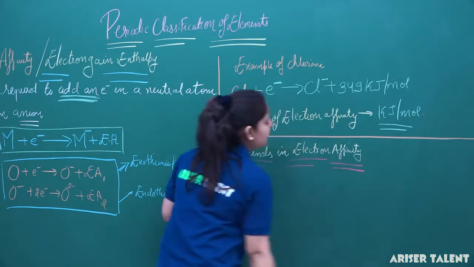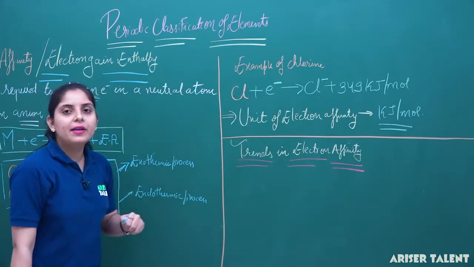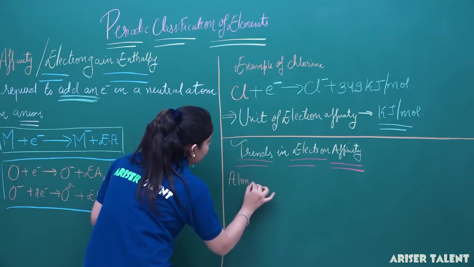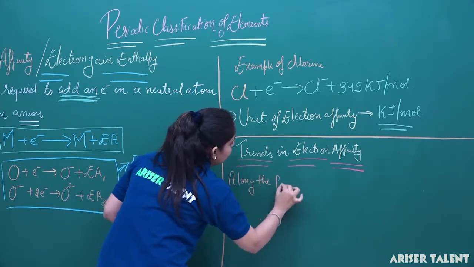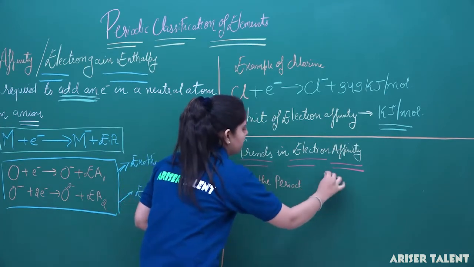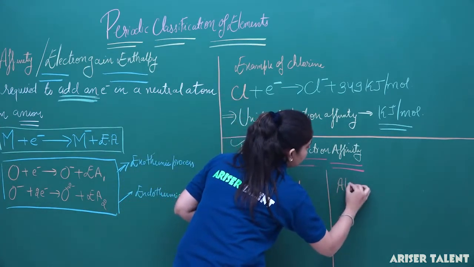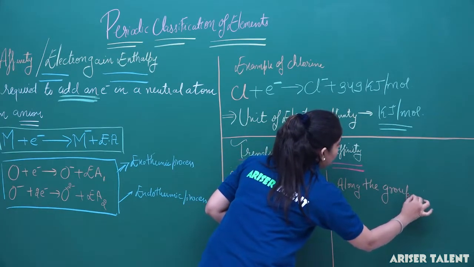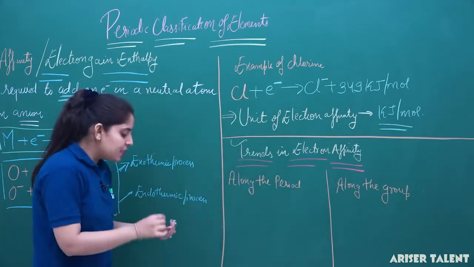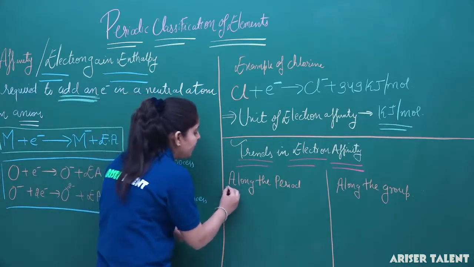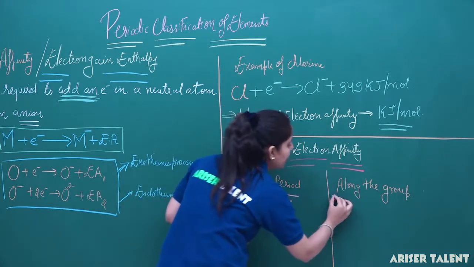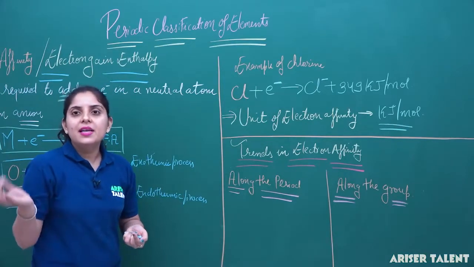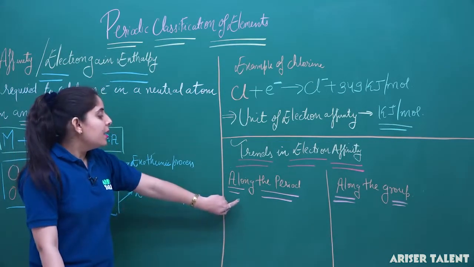So what will be the trends in the periodic table regarding electron affinity? Firstly, we will consider it along the period, and the second case we are going to consider is along the group. So firstly, electron affinity, which means the energy change on adding an electron, is going to increase along the period.